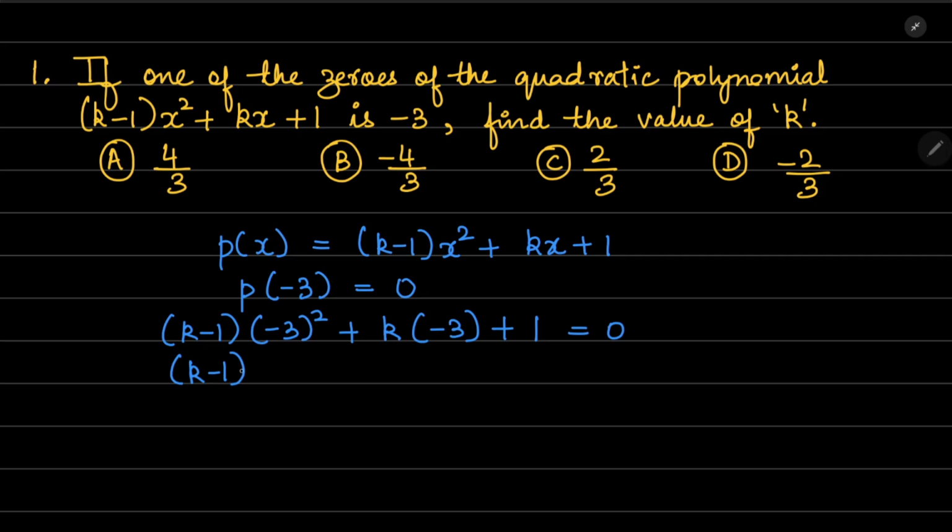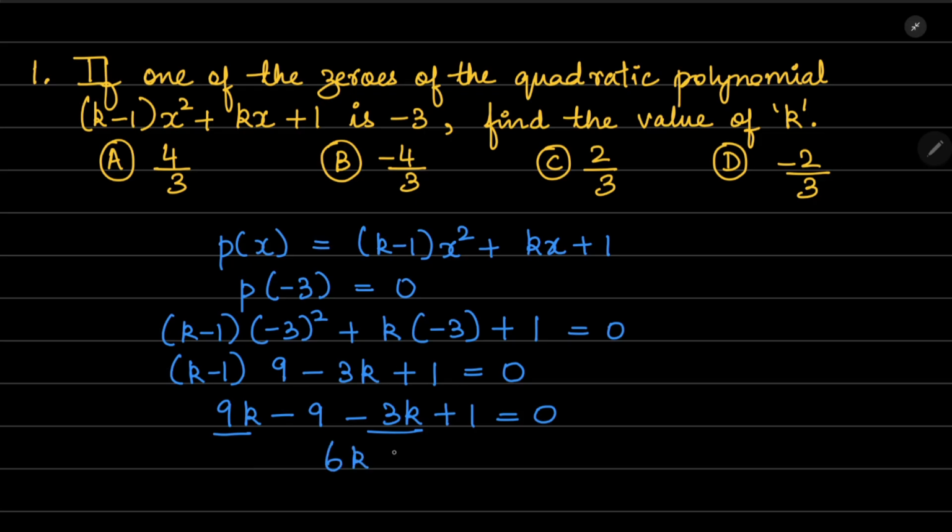So (k minus 1) multiplied by minus 3 into minus 3 is plus 9, minus 3k plus 1 is equal to 0. So multiply 9 with k and 9 with minus 1. So 9 into k is 9k minus 9 minus 3k plus 1 equal to 0. So 9k minus 3k is nothing but 6k. Minus 9 plus 1 is minus 8 is equal to 0.